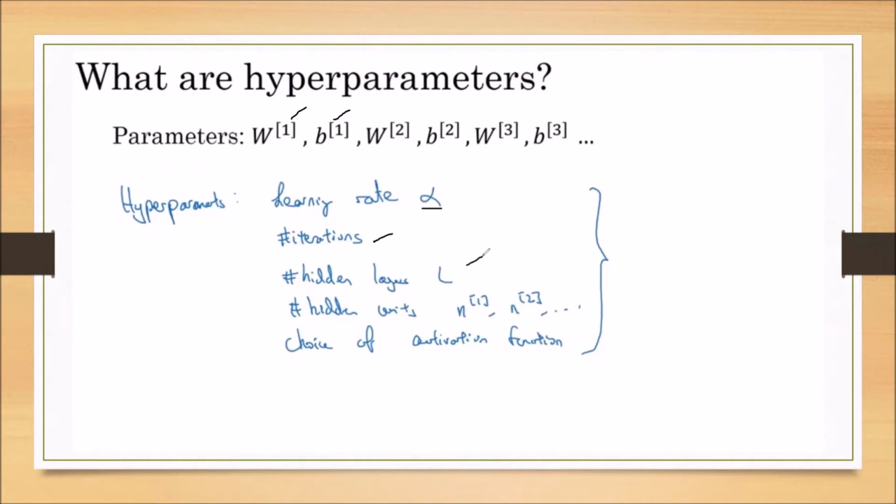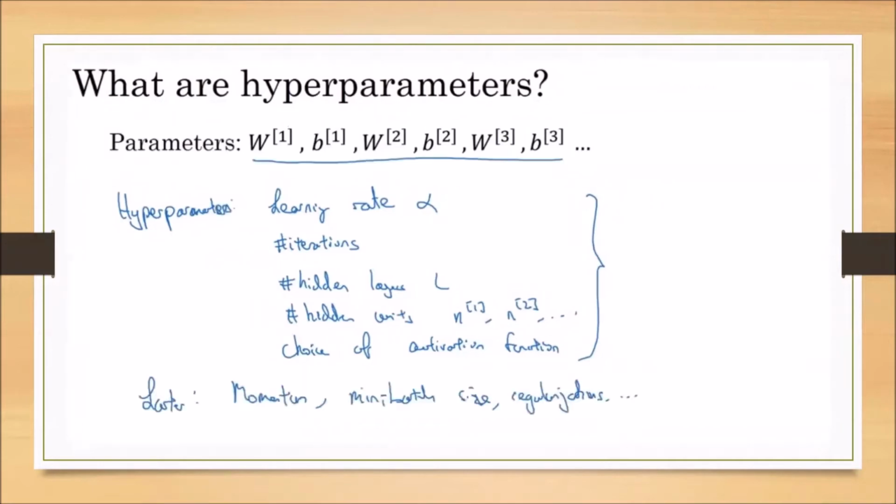How many hidden layers are you expecting in the deep neural network? And in each hidden layer, how many units should there be? And the choice of activation function, whether you want to use the sigmoid function, a tanh function, a rectified linear unit function, or a leaky rectified linear unit function, all these are called hyperparameters.